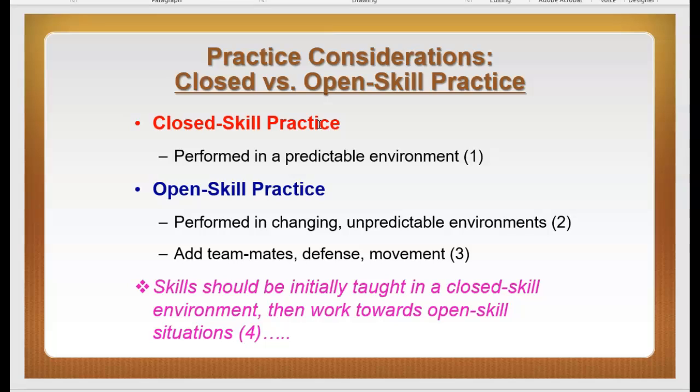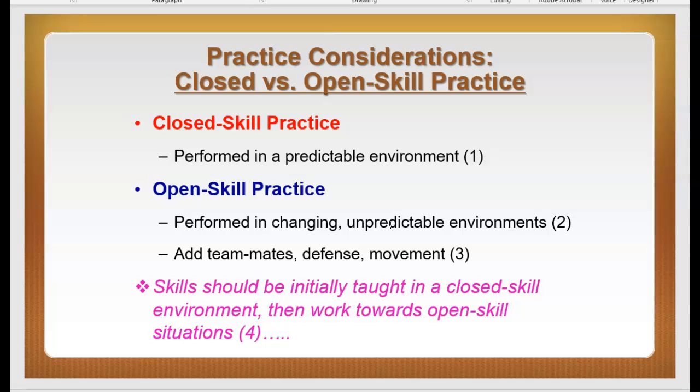If you're learning to hit a ball, it might be starting off hitting the ball off of a tee. An open skill practice is where you start adding in variables. Things are performed in a changing, challenging, unpredictable environment. You might add in the variable now of defense on a basketball shot. All right.